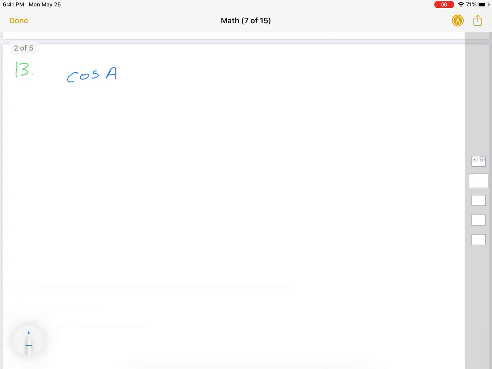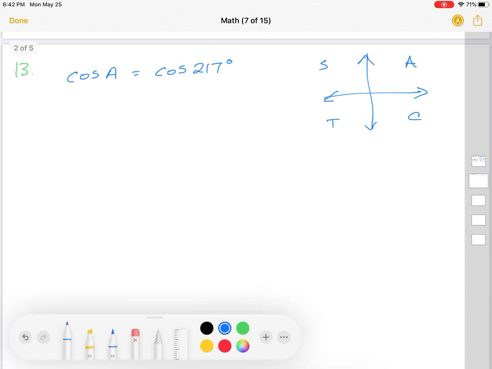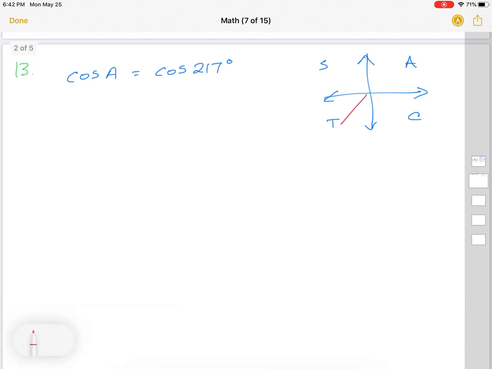So if we're looking at cos A is equal to cos of 217 degrees, we think about the CAST law. Now, 217 is going to be in quadrant 3, and in quadrant 3, cos is negative. So the other quadrant where cos is negative is quadrant 2.